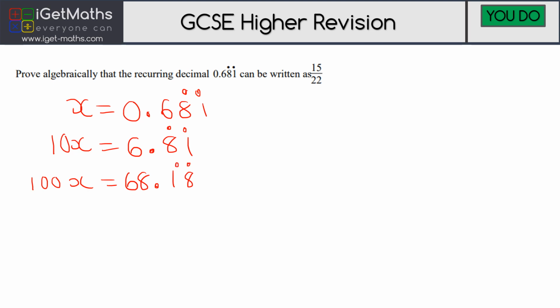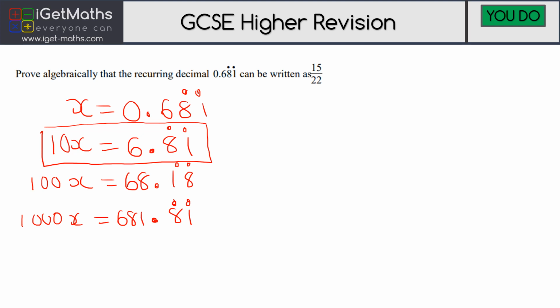And then if we do 1000x, that will move over in place value to give you 681.81 recurring. And now you can see that the 81 recurring of the 10x and the 81 recurring of the 1000x line up. So when we subtract these, they will eliminate the 81 recurring, which is what we're trying to do.